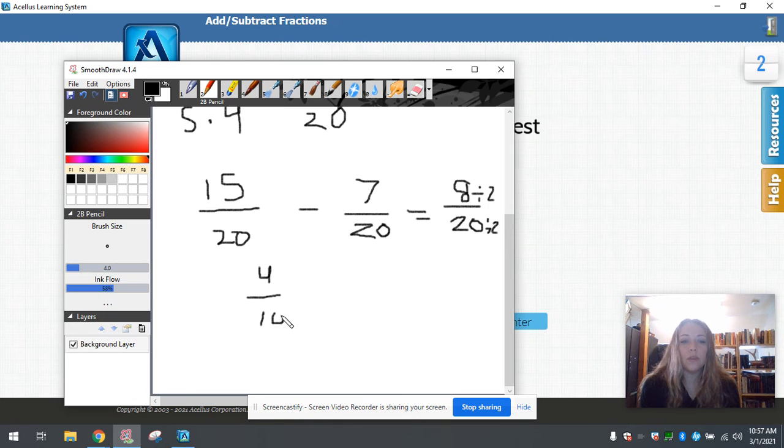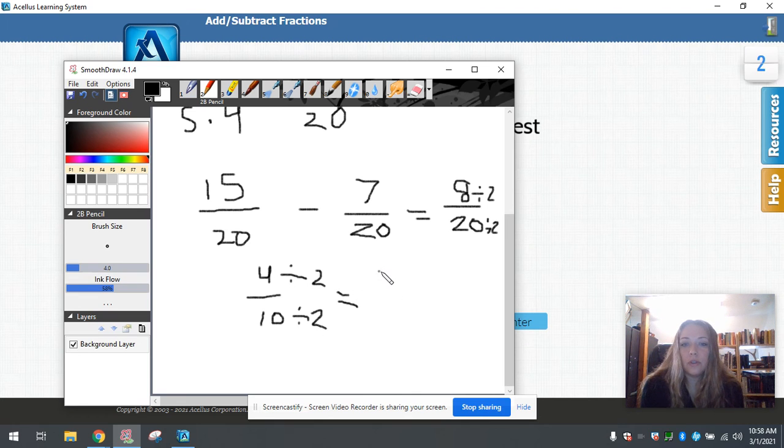4 and 10 are both even, so I'm not done reducing it. I have to reduce until I cannot reduce anymore, until there's no more factors I can divide both numbers by. 2 is the only even prime number. So if you have any even number that's bigger than 2, you can reduce it.